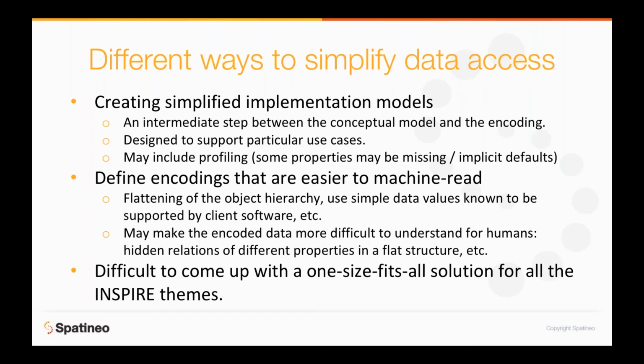So you define the transformation from the conceptual UML model, say what kind of simplification rules you want to use, and then you get another UML model which features this simplified structure.